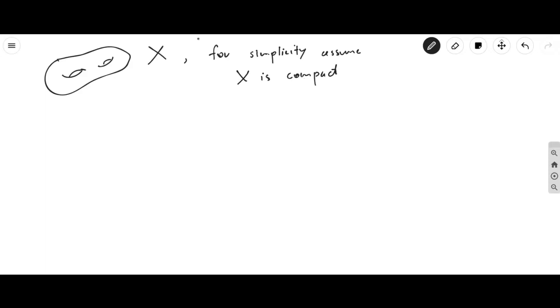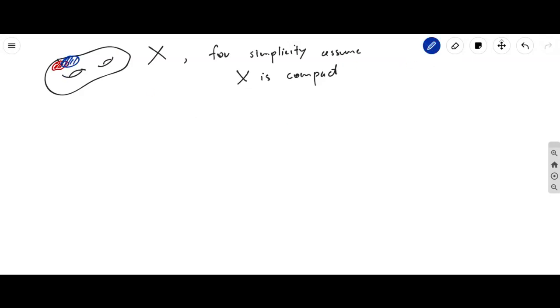It does not have to be compact, but it's just going to make the argument easier. You can look in the Bredon book, and he gives you a more general argument, but let's assume that X is compact. Then you can cover X with pieces, this piece, and another piece.